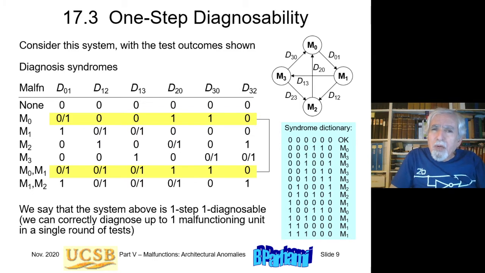This is known as one-step diagnosability. This system is one-step one-diagnosable, meaning that one malfunction can be diagnosed. We'll see later that this system cannot be two-diagnosable.